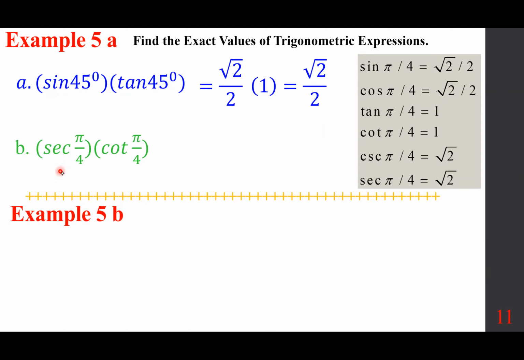By the way, if you don't memorize this, as long as we have those three, the rest of them we can think of as the reciprocal. So as long as we know sine or cosine, then we know cosecant or secant. So the reciprocal of, for example, cosine, the reciprocal of this number is what this is, in case we don't remember that. So it's square root of 2. This is 1. And that's the answer.